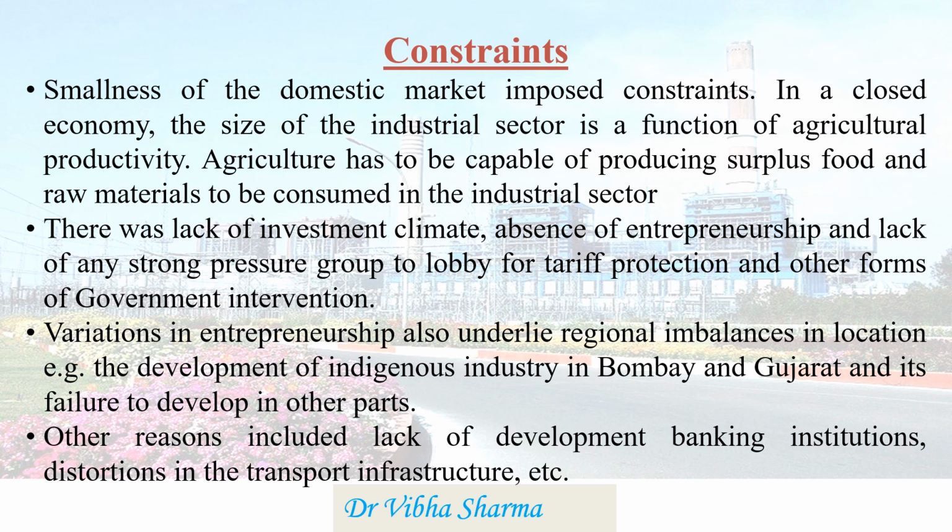Variations in entrepreneurship also underlie regional imbalances in location, that is, the development of indigenous industry in Bombay and Gujarat and its failure to develop in other parts of the country. Other reasons included lack of development of the banking institutions and distortions in the transport infrastructure.